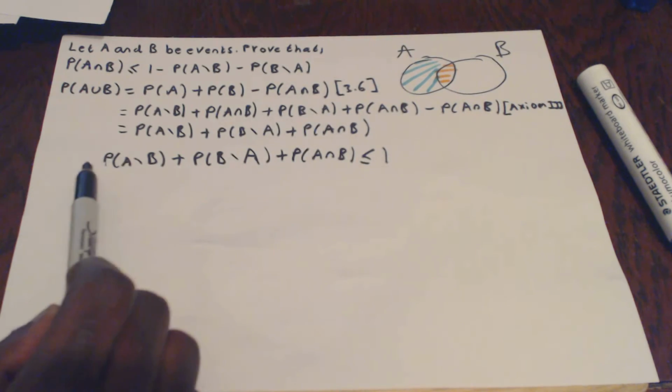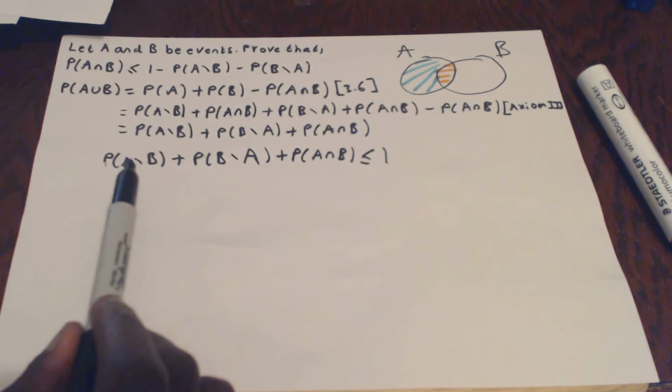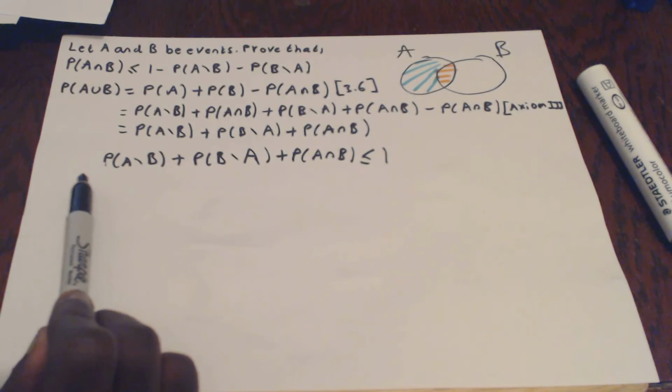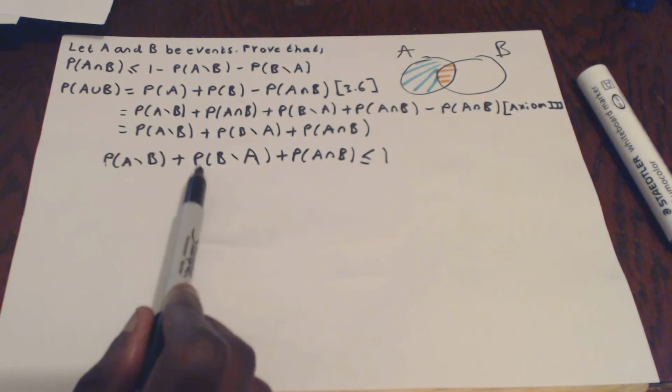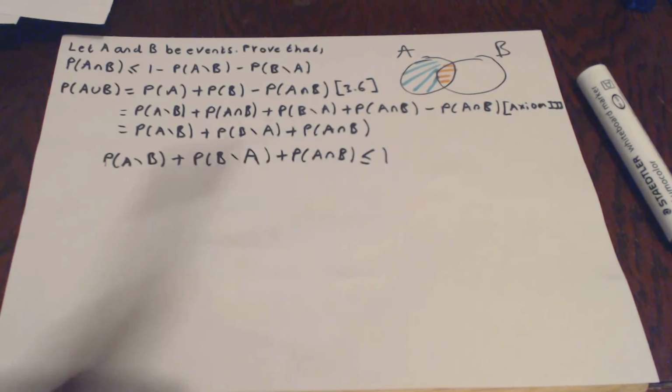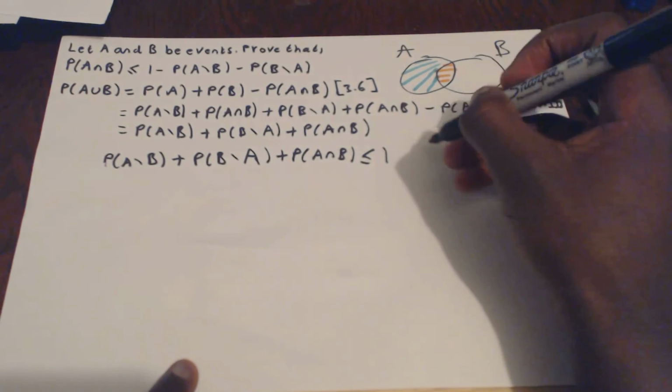And so we're almost there. You can definitely see it from here. We have that the probability of A set difference B plus B set difference A plus A intersection B is less than or equal to 1. This is by 3.3.